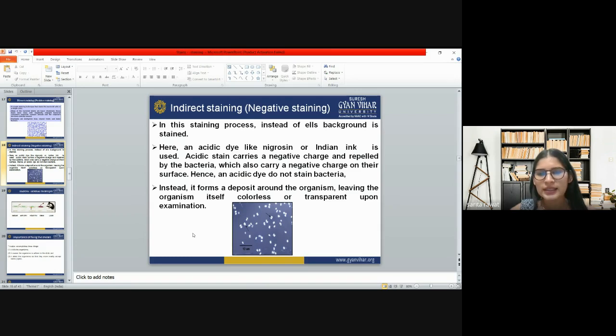Hence, an acidic dye does not stain the bacteria. As you can see in this picture, there is no staining in the bacteria, but the background is stained. Because of that, we are able to know the bacterial shape and size. Instead, it forms a deposit around the organism, leaving the organism itself colorless or transparent upon examination.